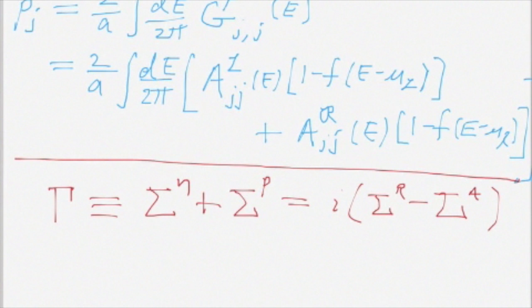And similarly, if you think physically about what Gn and Gp give you, I know we're only talking about the diagonal elements, they give you the electron density and the hole density.